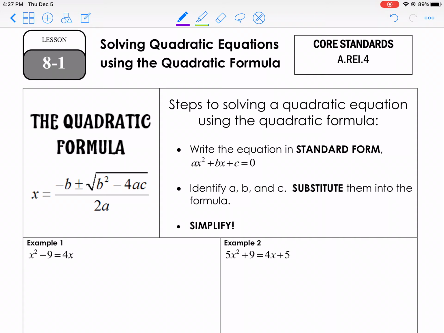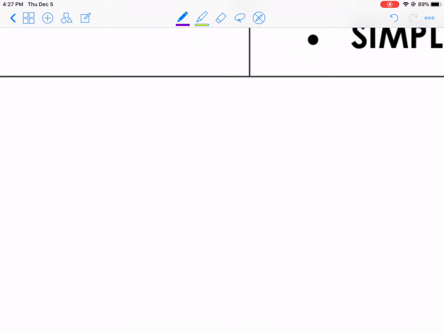Oftentimes I teach you the intrinsic way to understand a problem and do it. But when we're using a formula, we really just want to follow the step-by-step process. So what we want to do first is to make sure that the equation is in standard form. At the beginning of first quarter this year, we practiced putting things in standard form a lot.